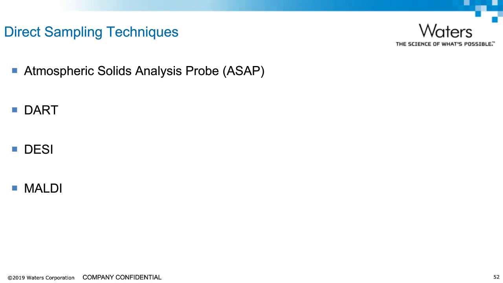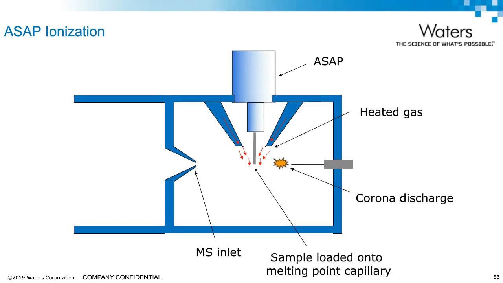The Atmospheric Solids Analysis Probe, or ASAP, was introduced by Charles McEwen, currently a professor at the University of the Sciences in Philadelphia. ASAP is a useful tool for the rapid, direct analysis of solid and liquid samples that are volatile or semi-volatile in nature.